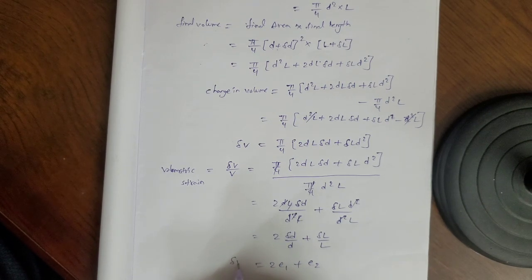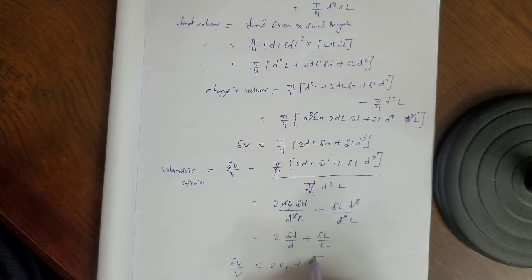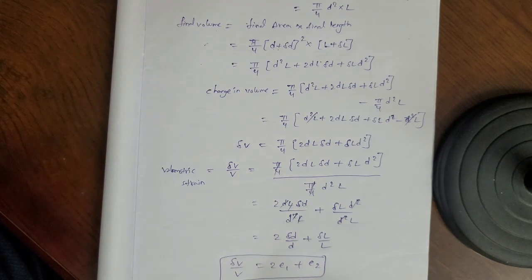So the volumetric strain formula is 2E1 plus E2.